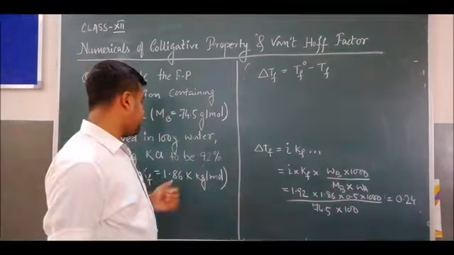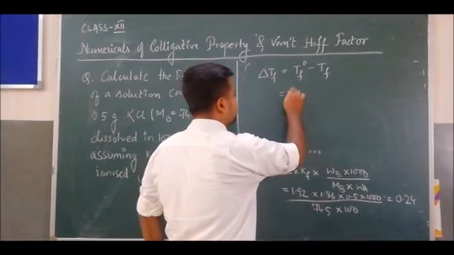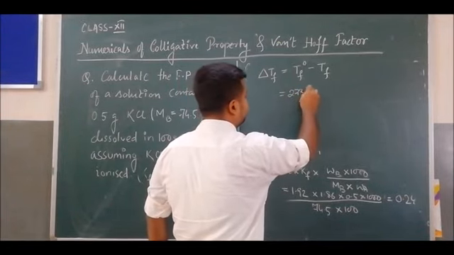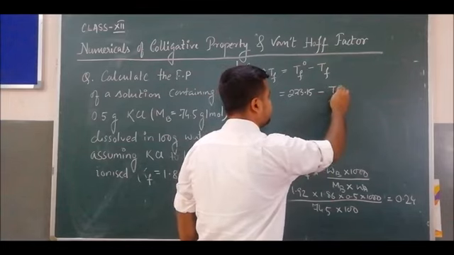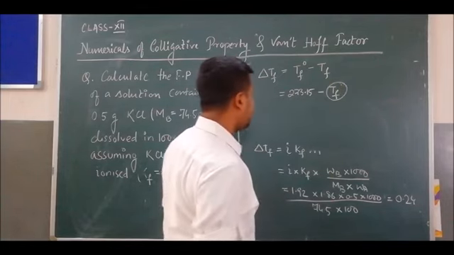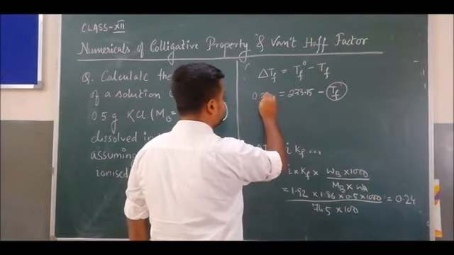What is the actual freezing point of water? It is 273.15, minus Tf, which we have to find. Delta Tf is 0.24.